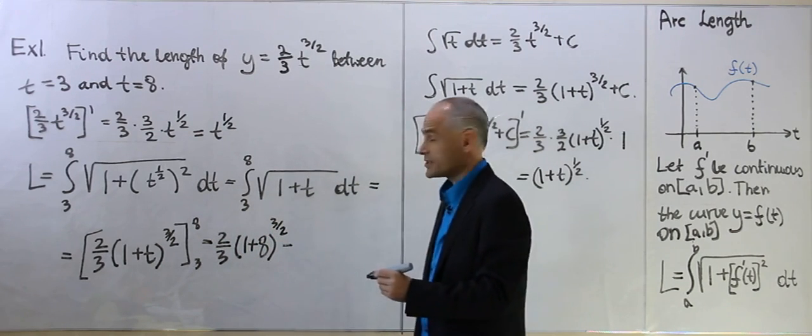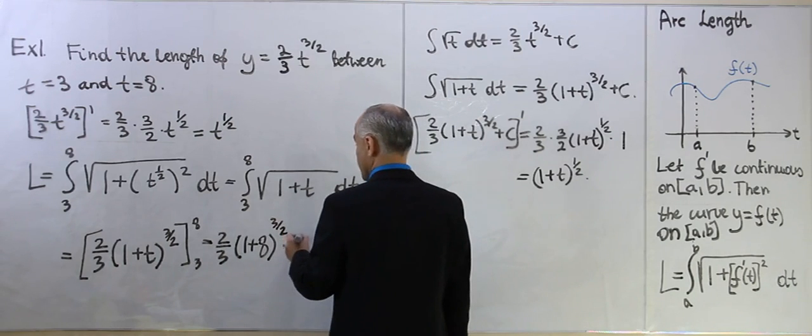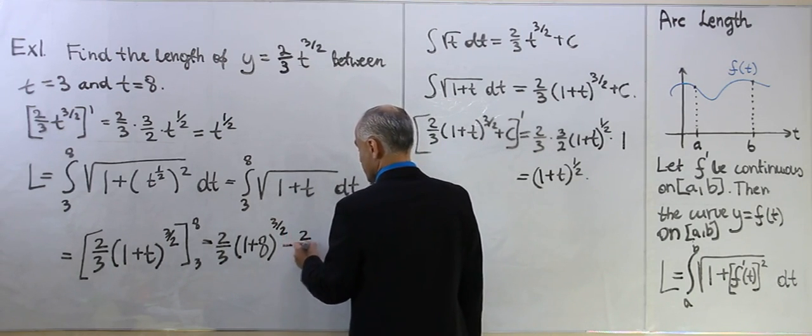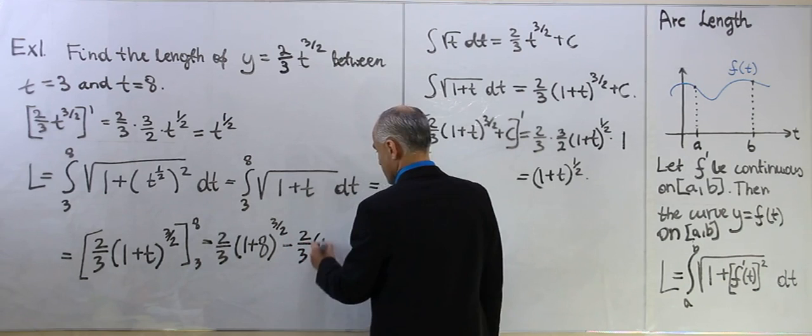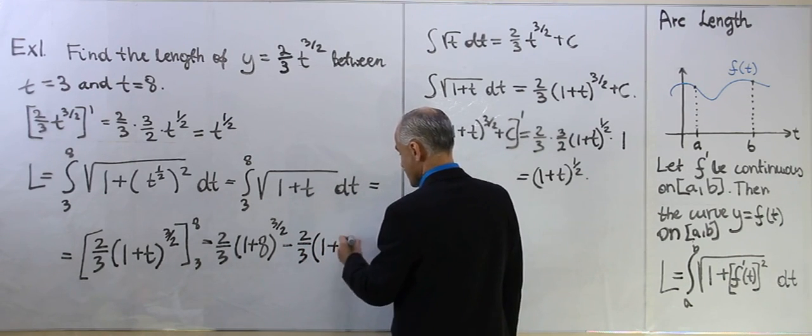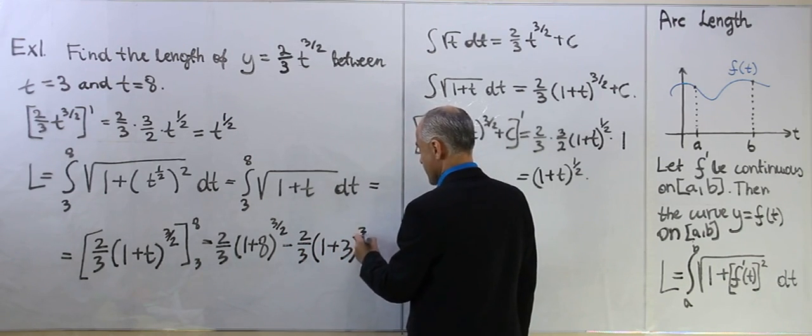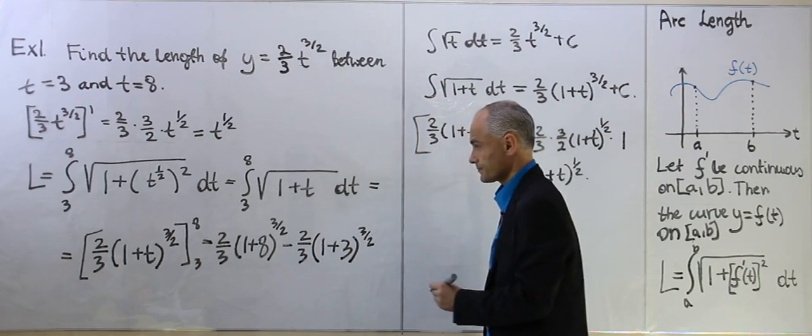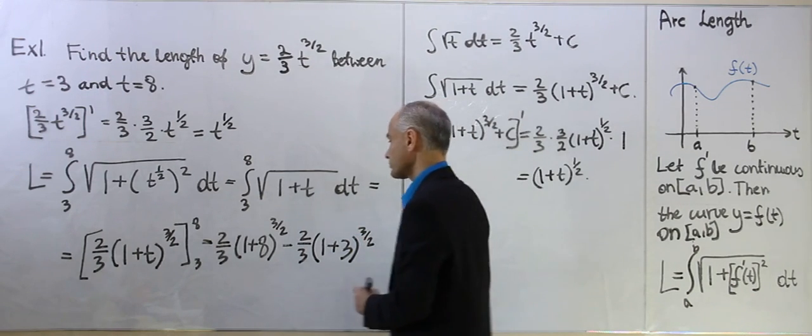So we get 2/3 times (1 plus 8) to the power 3/2 minus 2/3 times (1 plus 3) to the power 3/2. Okay?